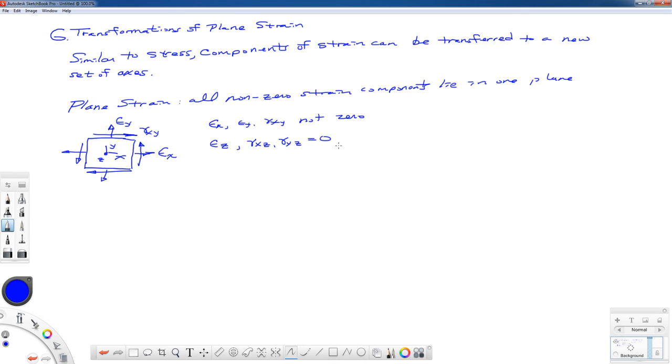Now later on we're going to relax this, just like we talked about generalized plane stress. We're going to look at generalized plane strain too. In generalized plane strain we can have a strain in the z direction, but the shearing strains gamma xz and gamma yz will be zero. So while we're here, let's just go ahead and write that down.